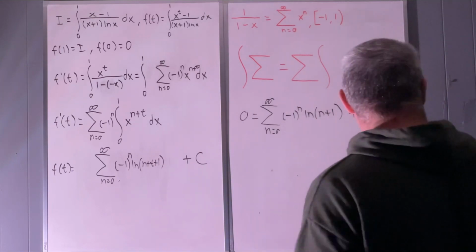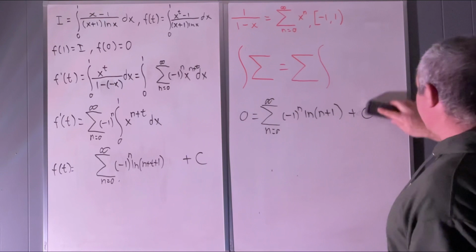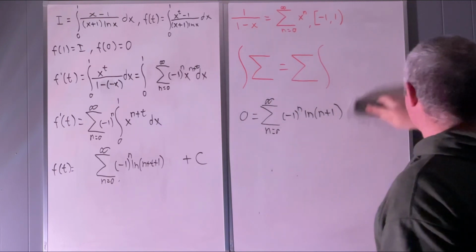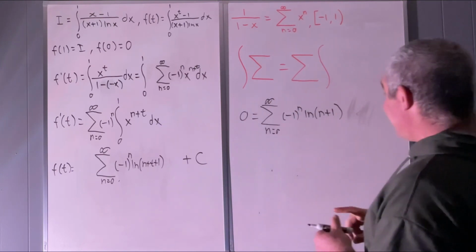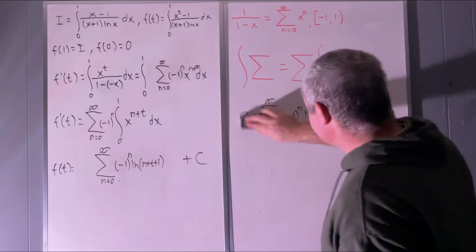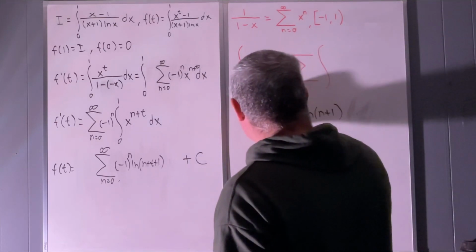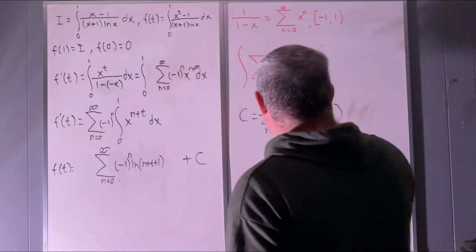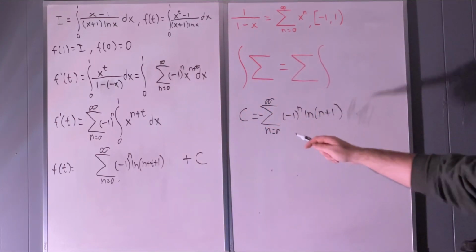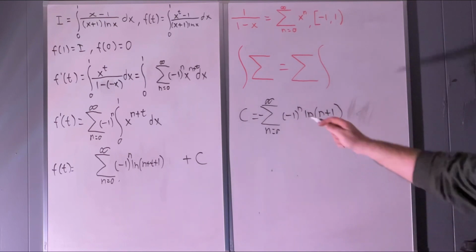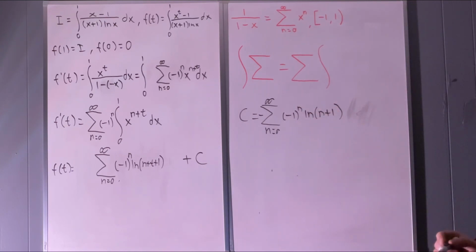In other words, our c is going to be equal to the negative of the sum from n equals 0 to infinity of negative 1 to the n natural log n plus 1.